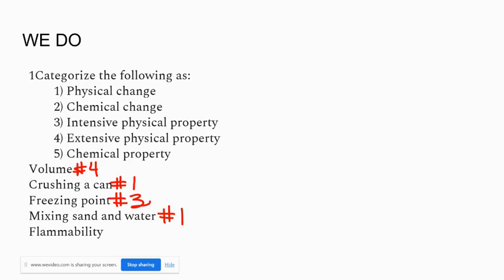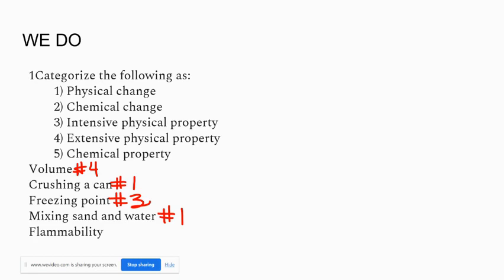Flammability. Are you actually catching something on fire here? No, so it's going to be a property. So then we have to figure out which property it is. If I take this paper and I burn it, is it going to change? Is it still going to be paper? Well, I meant like with different amounts of mass, the ability for it to be set on flame is going to be the same.